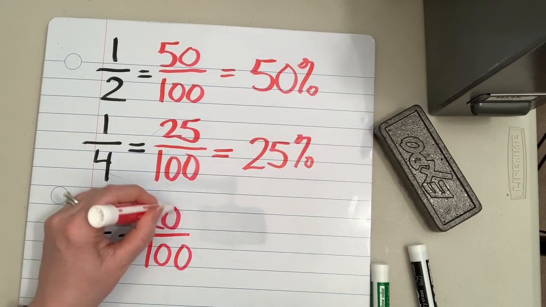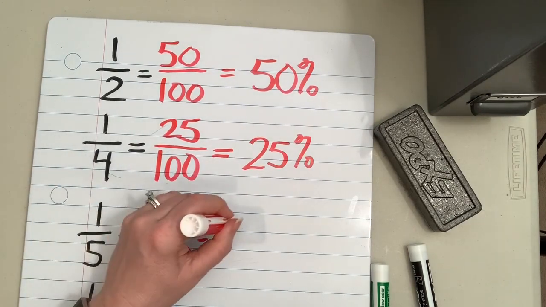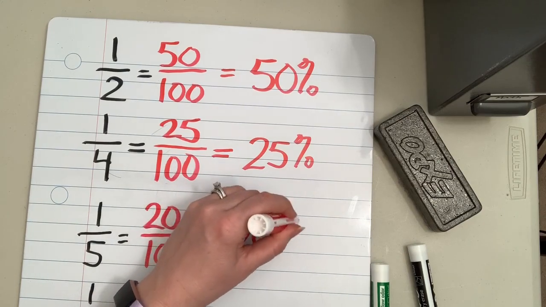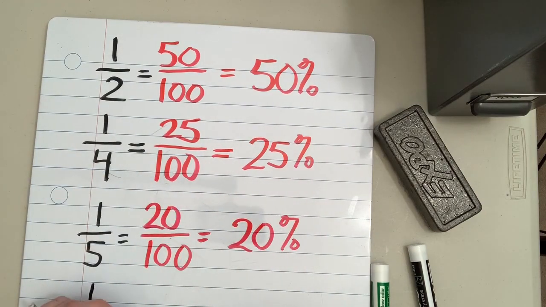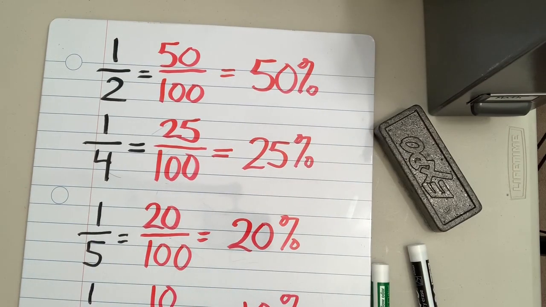So you're going to get 20 100ths, which is 20%. And finally, 1/10, convert that to hundredths, times 10, and that is 10%. But like I said, these are some fractions that you should have memorized and be able to convert pretty quickly between the fraction and the percent of a number.